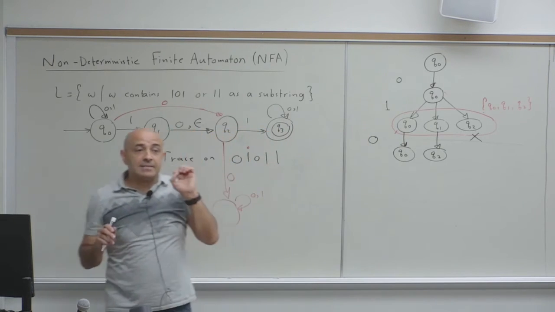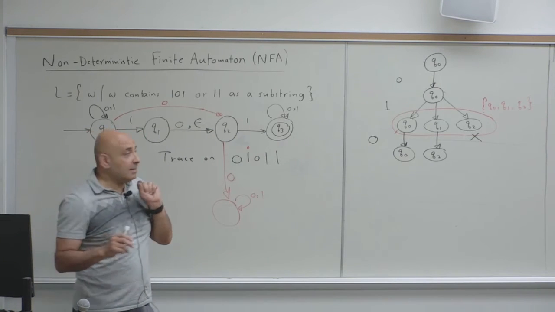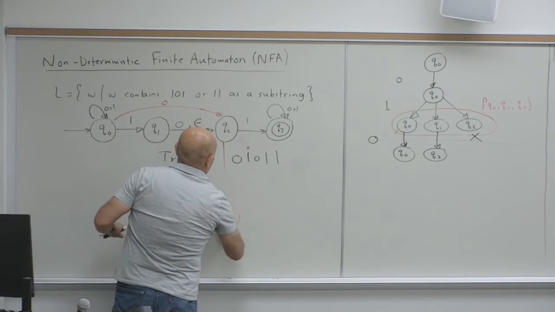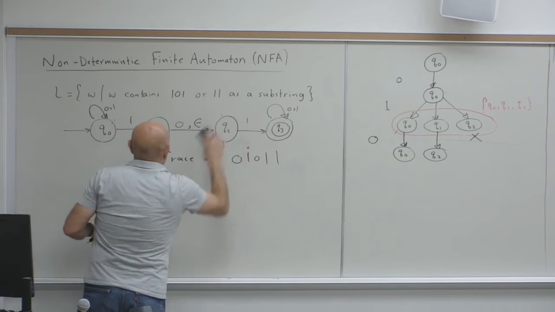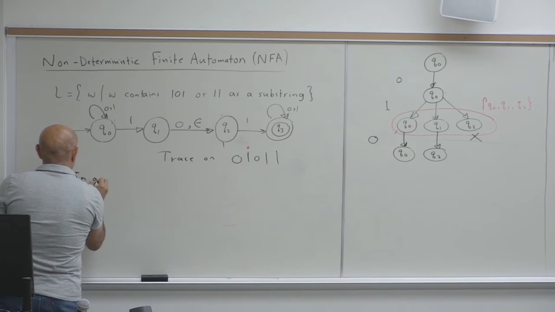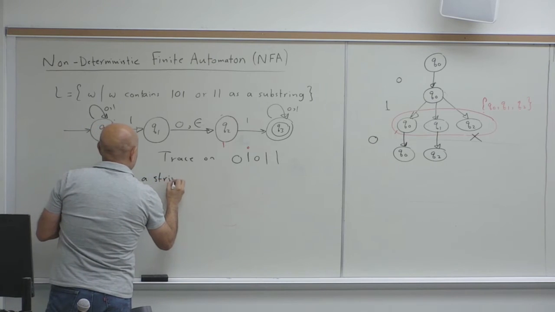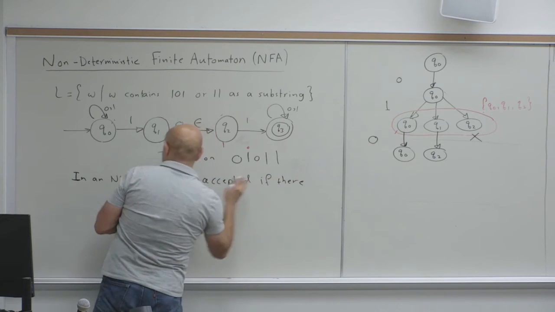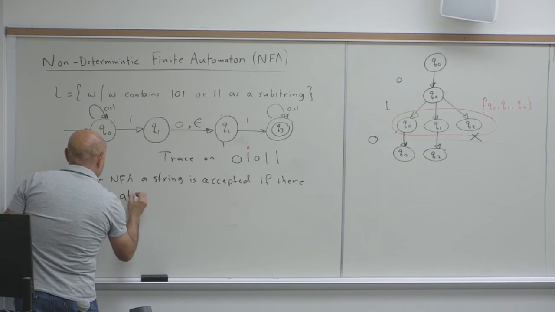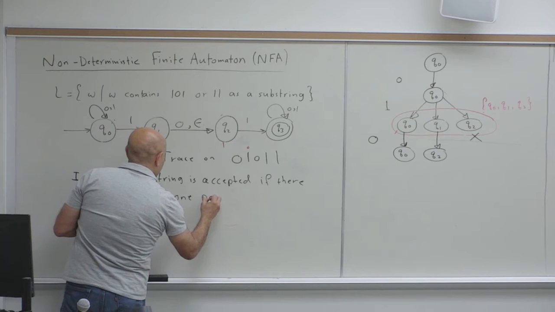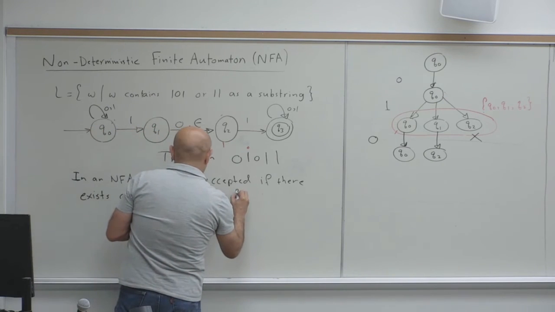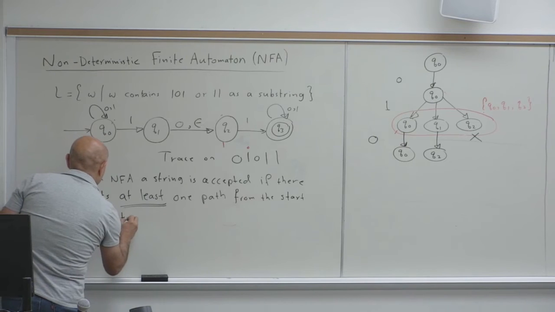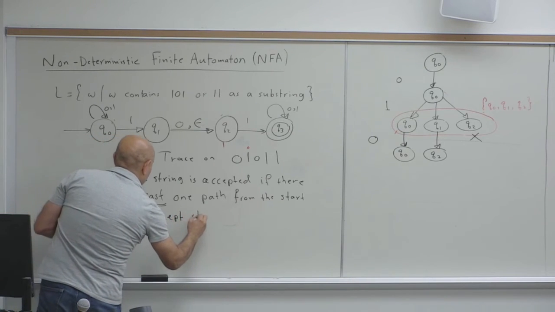So in an NFA, a string is accepted if there exists at least one path from the start state to an accept state. Let me write this down. Okay?